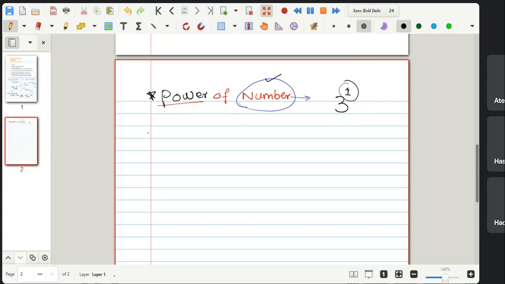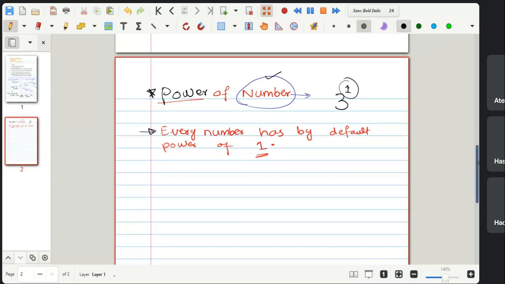Let me write here the very important sentence with a red pen: every number has the by default power of 1.